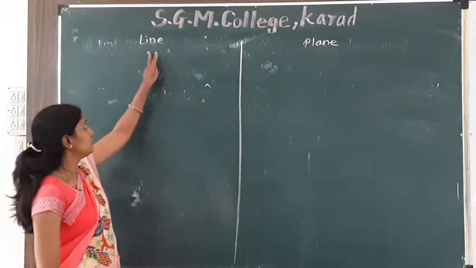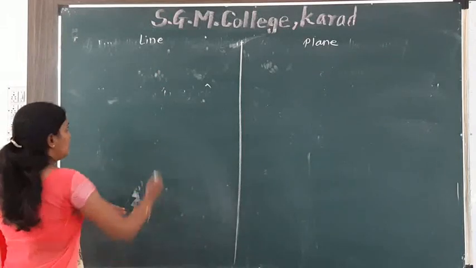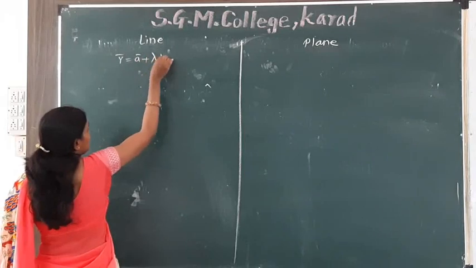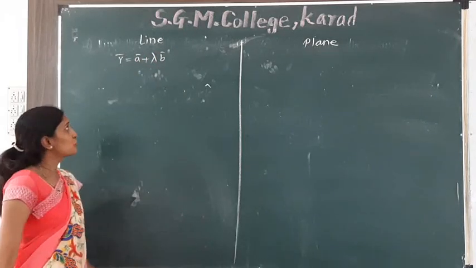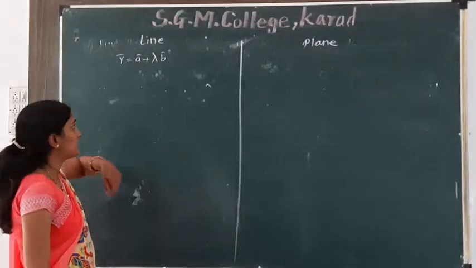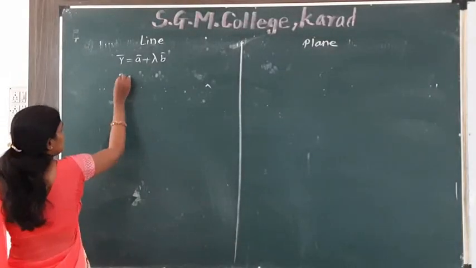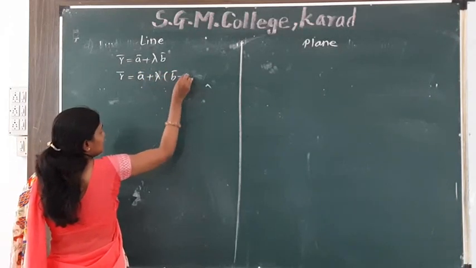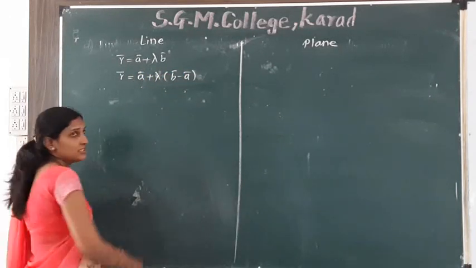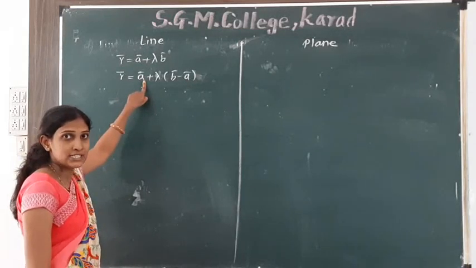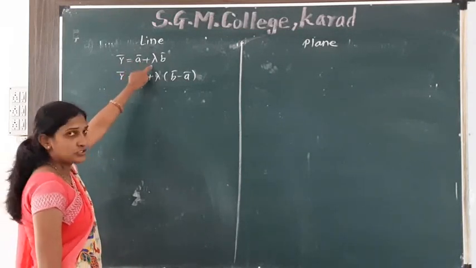First in the line we learned 4 theorems. First theorem is r bar is equal to a bar plus lambda b bar, the equation of a line passing through a point and parallel to a vector b bar. Second equation, r bar is equal to a bar plus lambda (b bar minus a bar). This is the equation of a line passing through 2 points. Its Cartesian form.